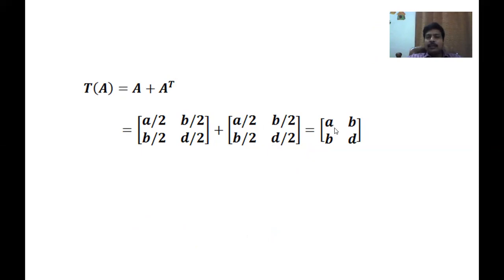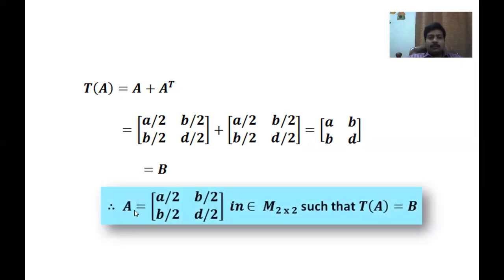After adding these two, we get [A B; B D]. This is the required B. So I found the matrix [A/2, B/2; B/2, D/2] such that T of A is equal to B. So this A is the required matrix in M2 by 2 such that T of A is equal to B.